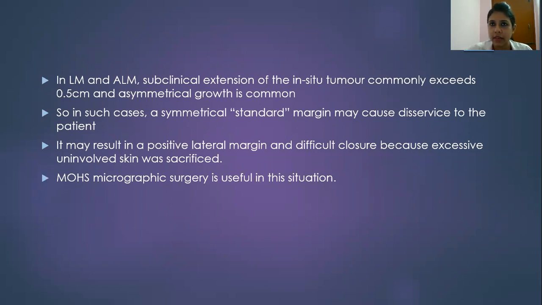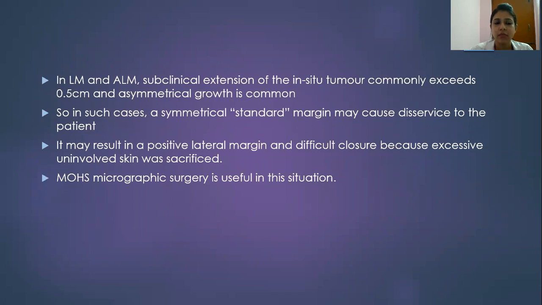If we take a margin like we said before, 1 centimeter if it is 1 mm thick, and follow that pattern, it will not be fair for LM and ALM because here the subclinical extension is thick. What can happen is it may result in a positive lateral margin and difficult closure because excessive uninvolved skin was sacrificed.